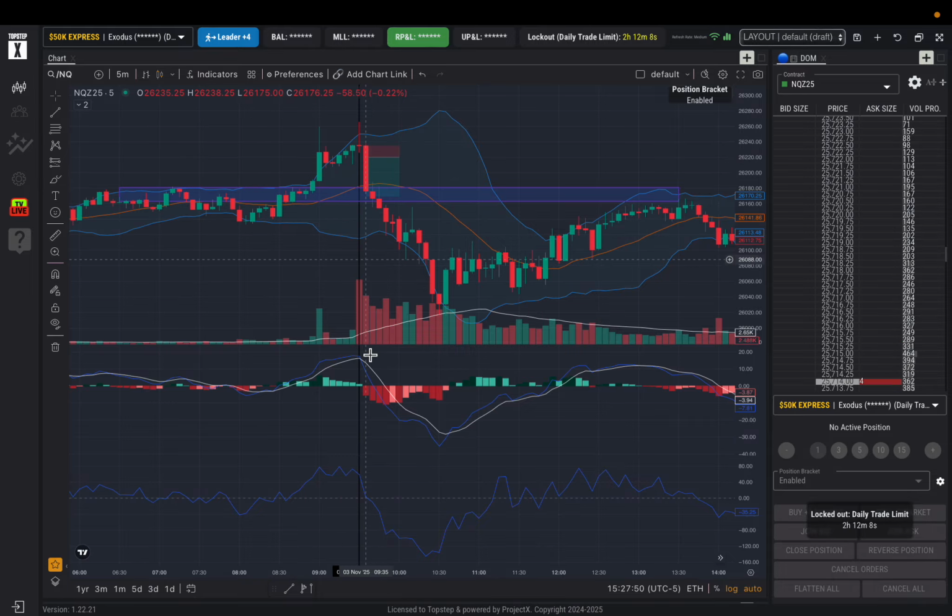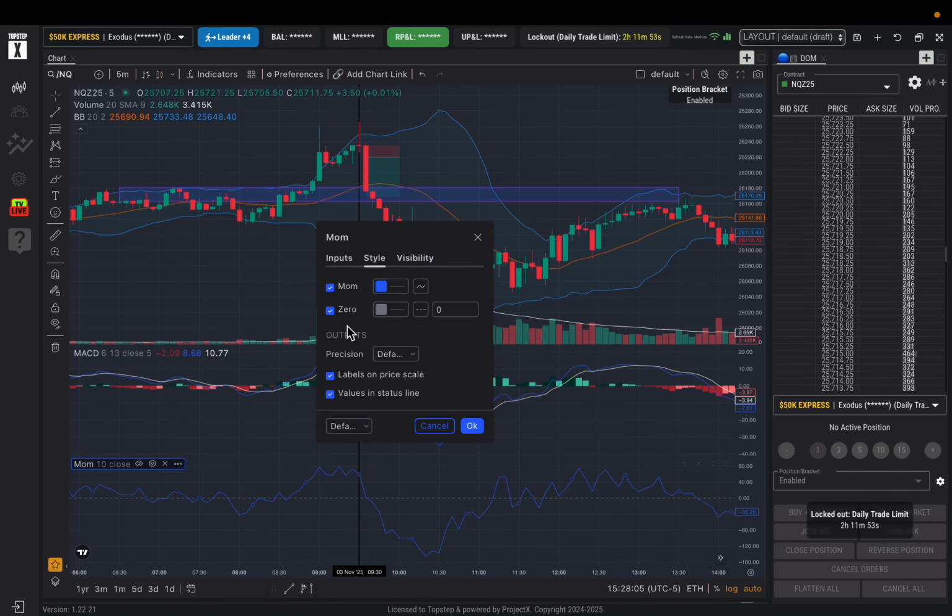Then I saw this candle right here, and what I mainly look at before entering is this indicator right here. This is the momentum indicator. These are my settings for it. Its length is 10, source close.